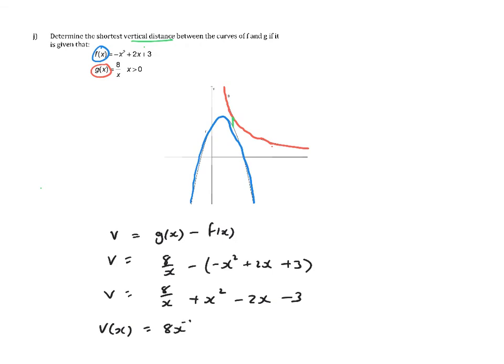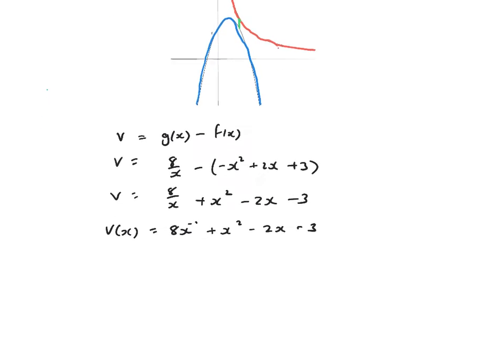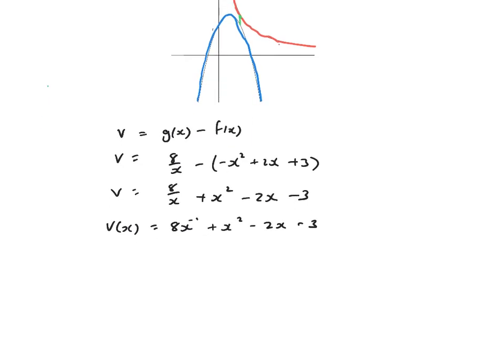Let's write this as 8x to the power of minus 1 for now, because we're going to find the derivative. So the derivative of v of x is minus 8x to the power of minus 2 plus 2x minus 2, and that is equal to 0. Remember, how do you optimize it? Find the derivative equal to 0.